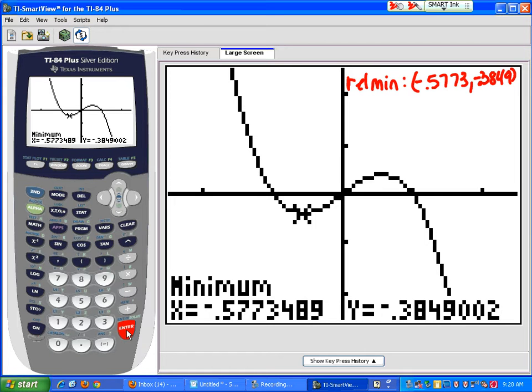While I'm doing the maximum, you guys are also doing the maximum on your calculator.